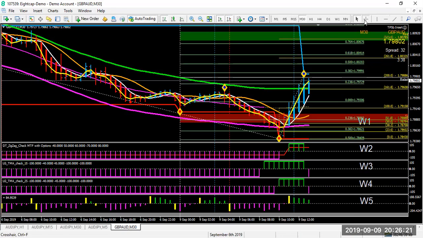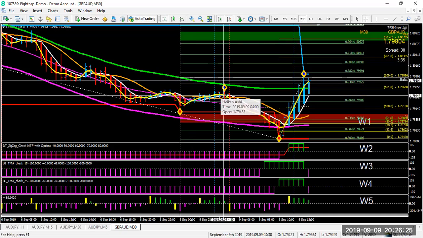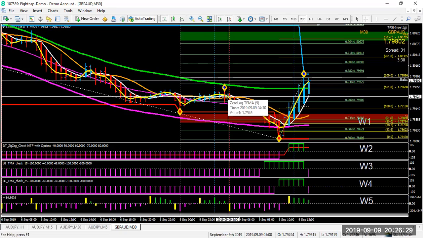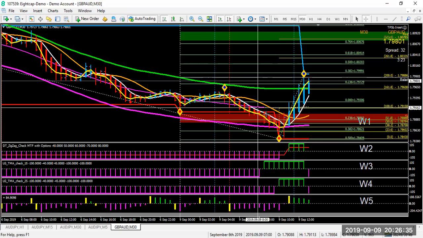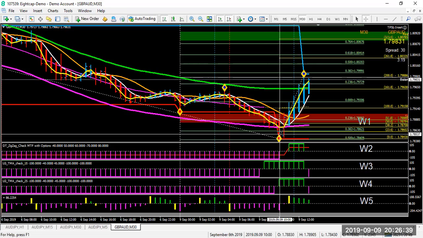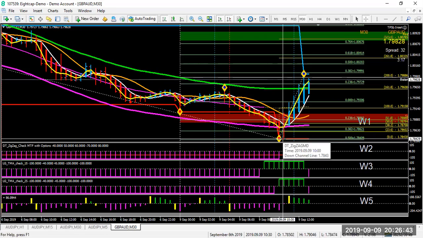Okay, so pound Aussie, that's the beginning of the day. It chose a side, decided that one to go to the support area. So it's moved down, it's gone past the crimson, got to the 0.38 and down to the 500.